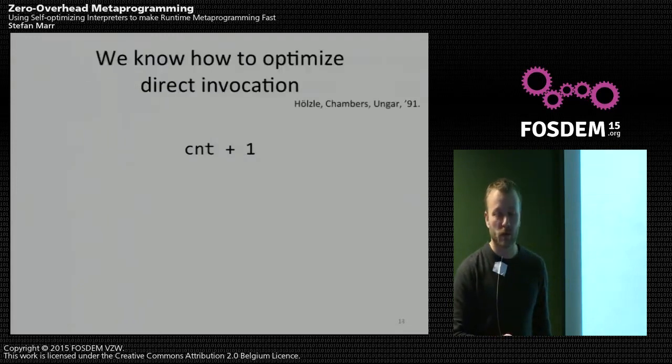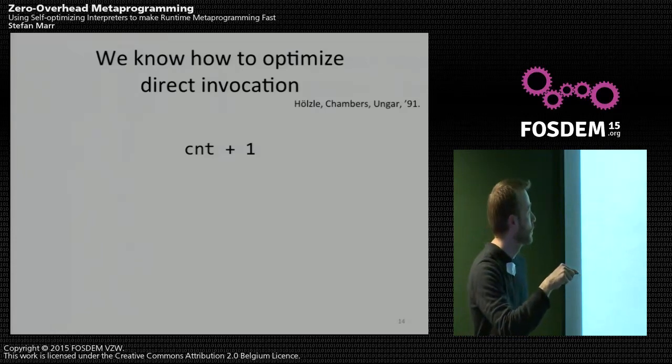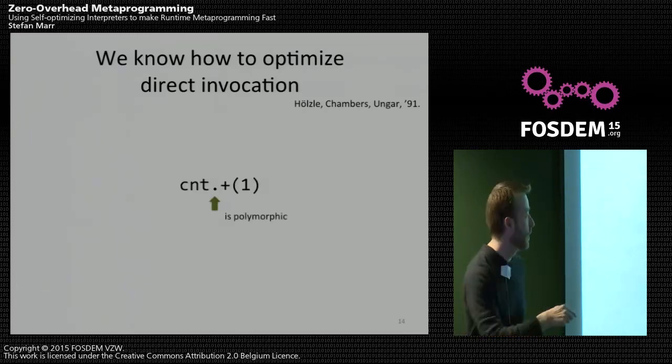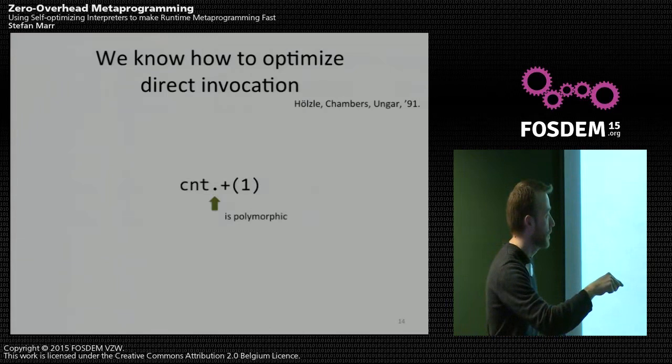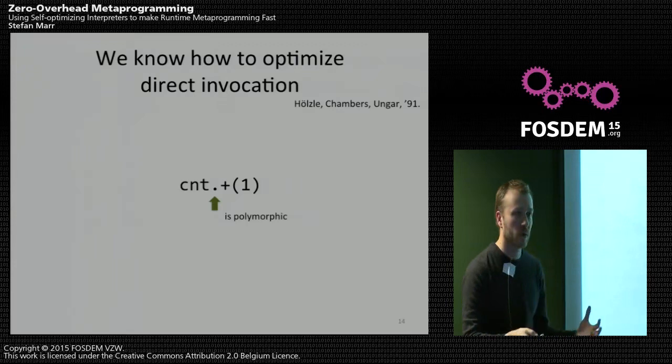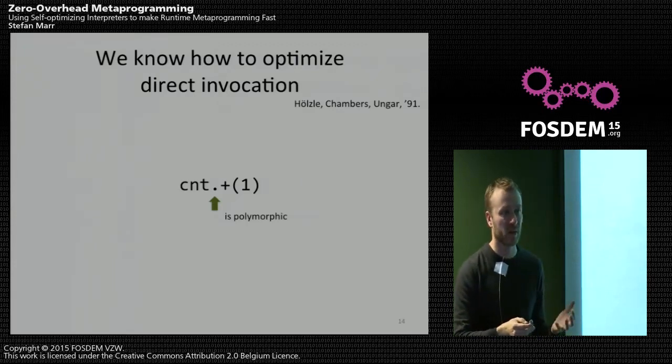Well, let's first look at what people came up with for standard message sends in Smalltalk. That's the classic polymorphic inline cache paper. The idea is you have some variable with whatever kind of value you can imagine in here, and then a plus message send with one argument. In the more Java-ish notation, we see directly that message send operator here. And the problem is that one is highly polymorphic. If we used a static compiler, we would have to guess what's going to happen there, because usually we don't know.